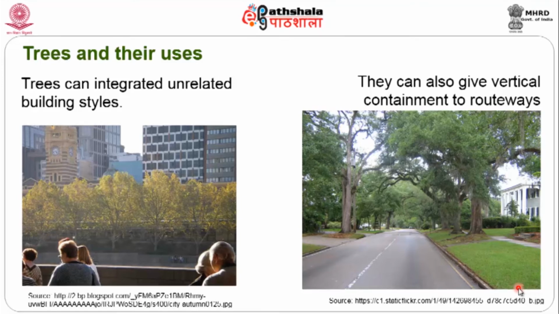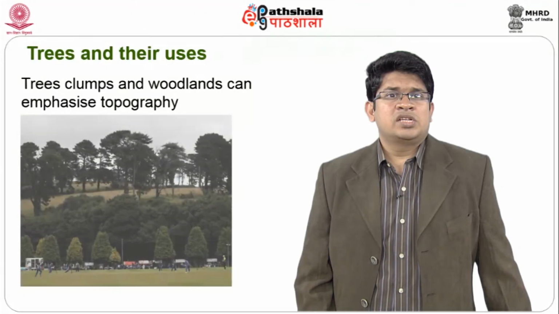So the closer the trees are in a short span of a road, the higher the sense of movement, or if the road is more wide, we could give a sense of largeness to a particular routeway, as well as work out the dynamics of that particular space, which we could see in a later module. So they also give vertical containment to routeways.